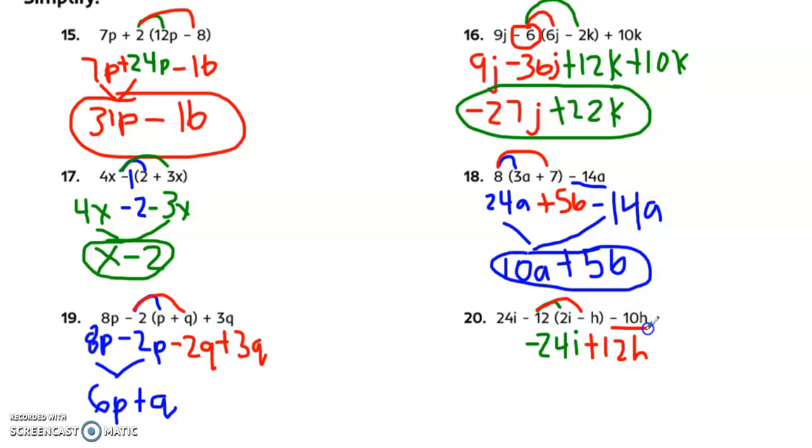Bring down this guy, negative 10h. And bring down our 24i. So 24i minus 24i is 0. And 12h minus 10h is 2h. So 0 plus 2h is just 2h.